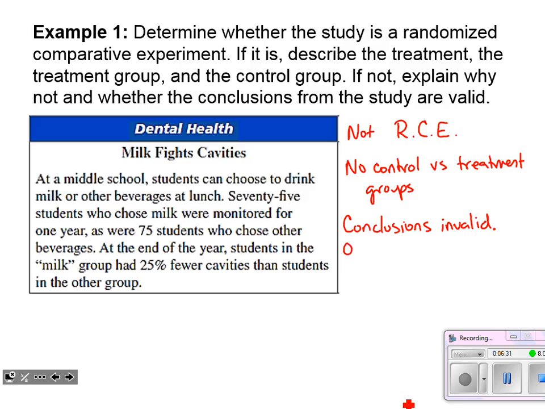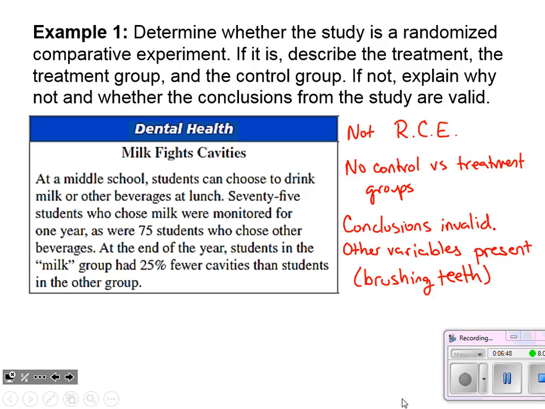So other variables are present, just like brushing teeth. So we don't know if the students that we're monitoring in the milk group, maybe they're more likely to brush their teeth more at home or something like that. That's another variable aside from just the milk that is under our observation here.